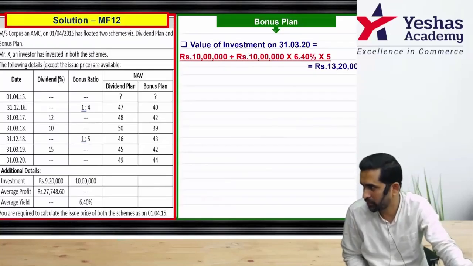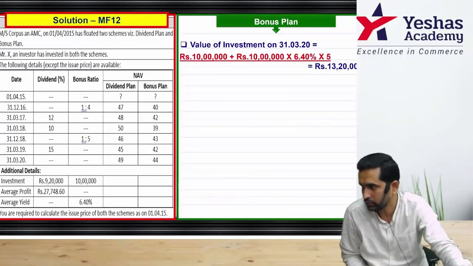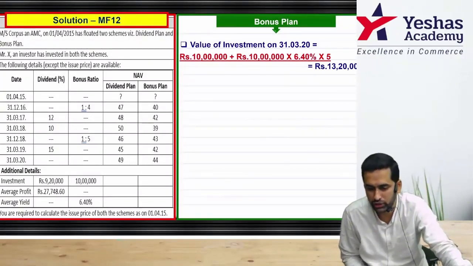That will give you annual profit, but he was holding this for 5 years, so that into 5 comes to 3,20,000 rupees. You can even do 6.4 into 5, find out total rate of return on 10 lakh. You can directly put, I think you get 32%, correct? That way also you reach here.